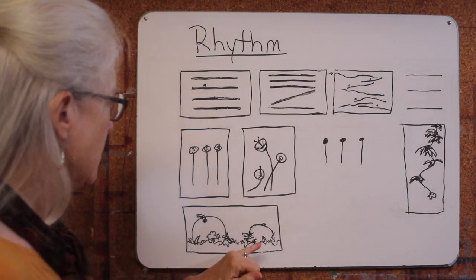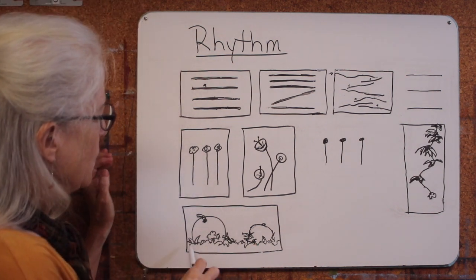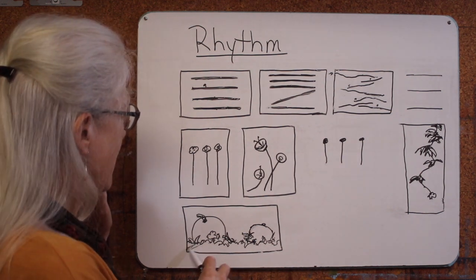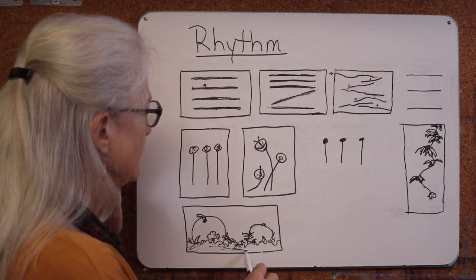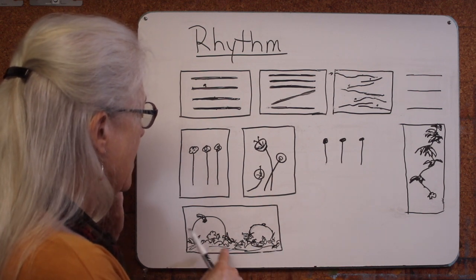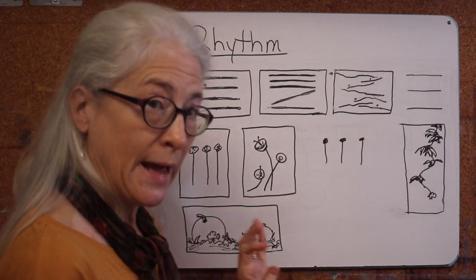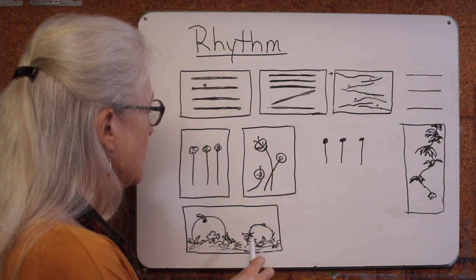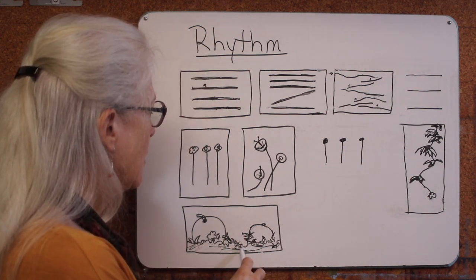Now for horizontal, this is like cantaloupes in a field. So we've got this mass of leaves down here. And where you play with the syncopation and the rhythm is your ups and downs with where these leaves are going.